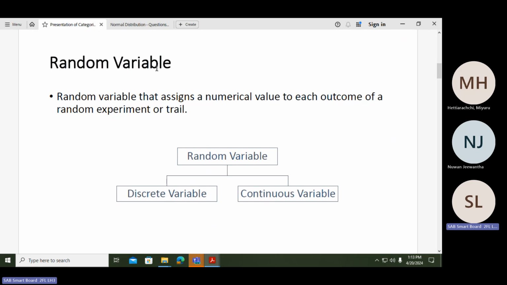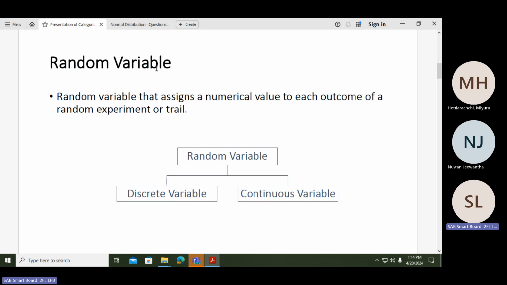We toss a coin twice. Then we need to identify what the random variable is here. We want to identify how many heads we can get. How many heads we can get, that is our random variable.